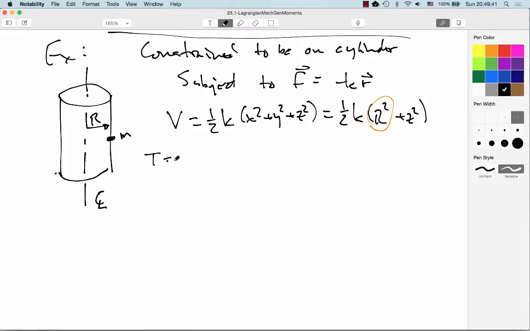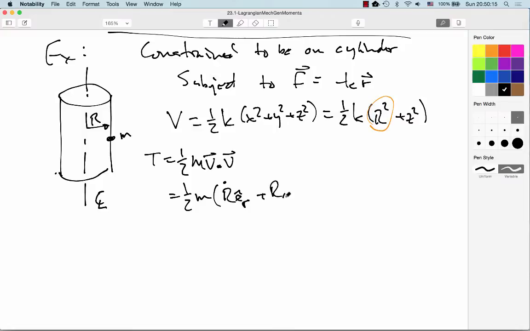And let's find the kinetic energy, so 1/2 m. Here I'm going to do the 1/2 m v dot v rather than putting it all into Cartesian coordinates. Cylindrical coordinates are definitely the way to go. So in the r hat direction, we will be going at r dot.